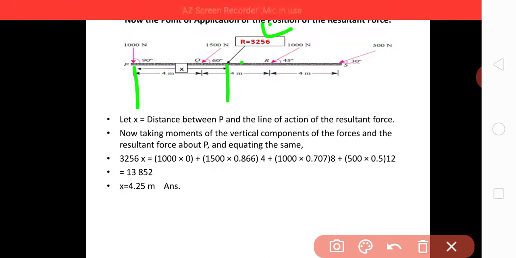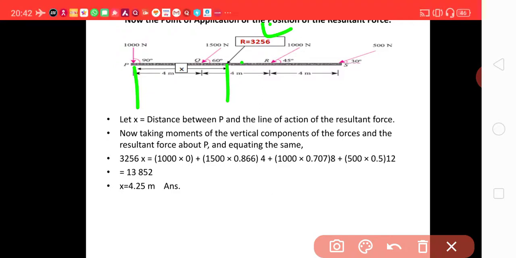Now, taking moment of the vertical components of the forces and resultant force about P and equating the same, which comes out, that is 3256 into x equal to 100 into 0 plus 1500 into 0.866 into 4, then 1000 into 0.07 into 8 plus 500 into 0.5 into 12, which comes out to 13852.